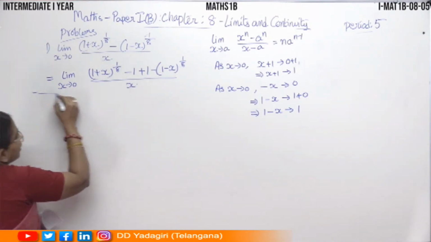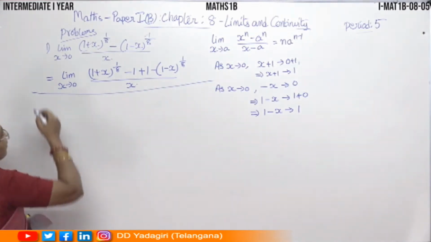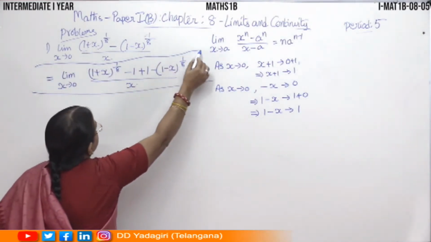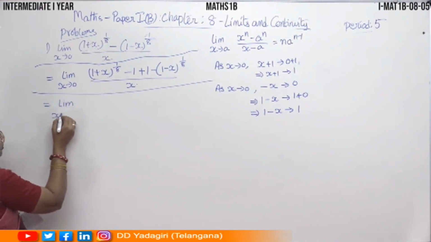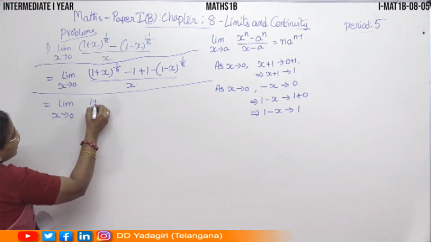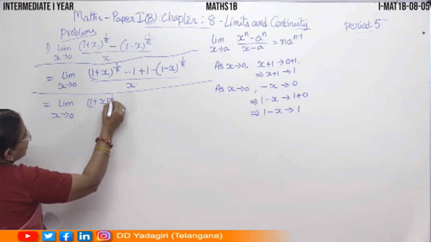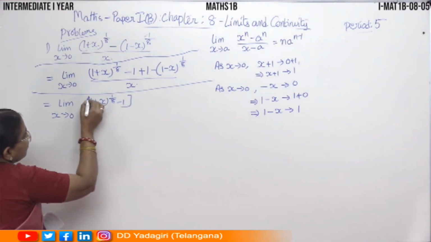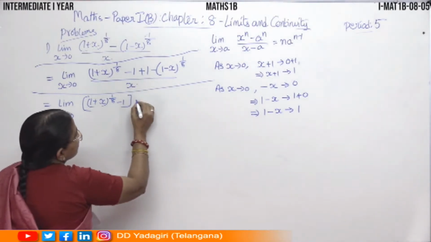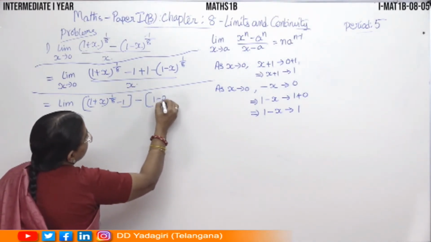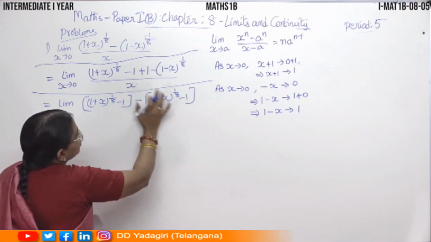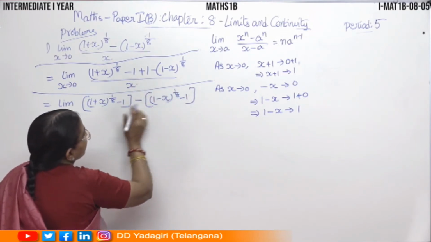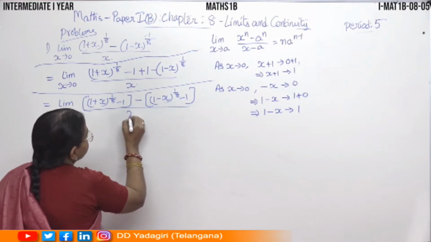Now, I'll draw a line so that we do not get confused with the steps. So this is limit x tending to 0 of (1 plus x) whole to the power 1 by 8 minus 1, and this we will write as minus of (1 minus x) whole power 1 by 8 minus 1. So it should be in the form x power n minus a power n by x.